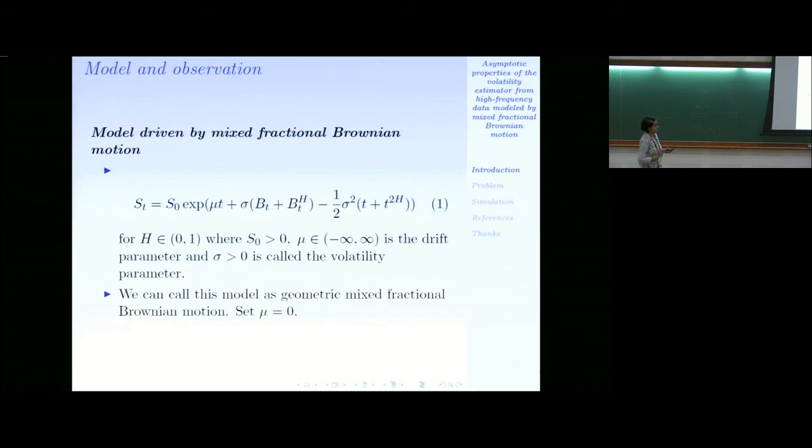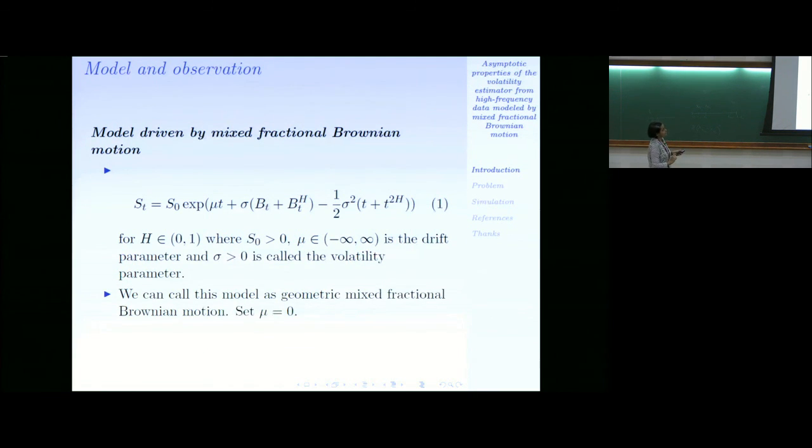Now, what is our model? Next comes the fractional Brownian motion driven model, which will be used for stock price modeling. Look at this equation. If you know Black-Scholes equations, the solution is basically geometric Brownian motion, and this looks like an analog of it. The exponential makes the solution positive.